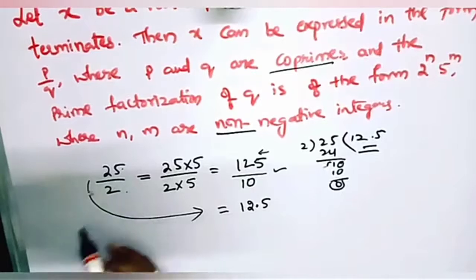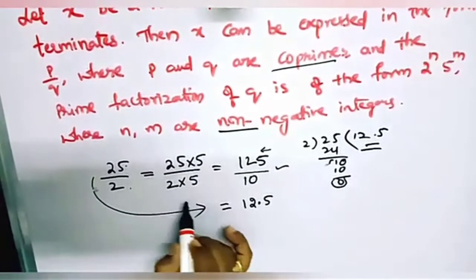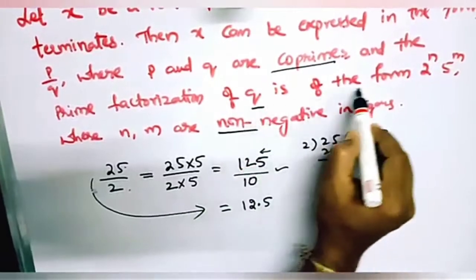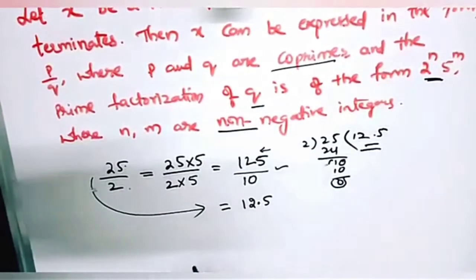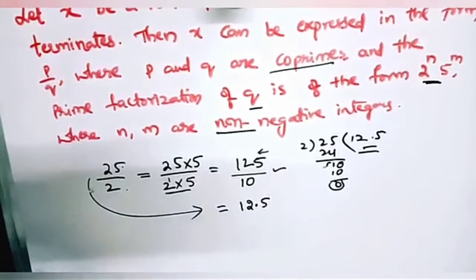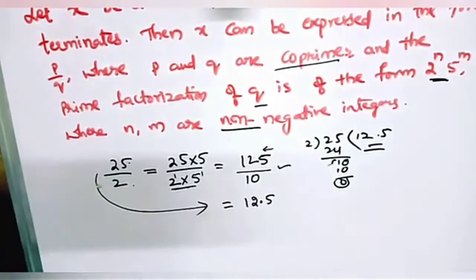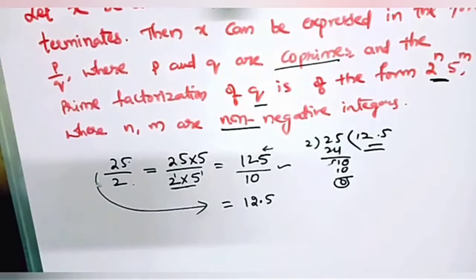Now 25 and 2 are co-primes, and the denominator Q is of the form 2 to the power of n and 5 to the power of m. So like this we convert a given rational number to decimal form, and decimal form to rational number, by using this theorem.